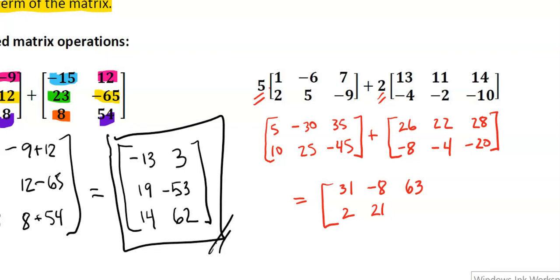And -45 and -20 when added together would give us -65. And that matrix is our final answer.